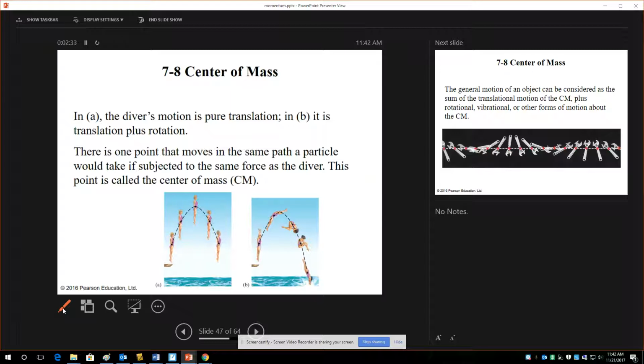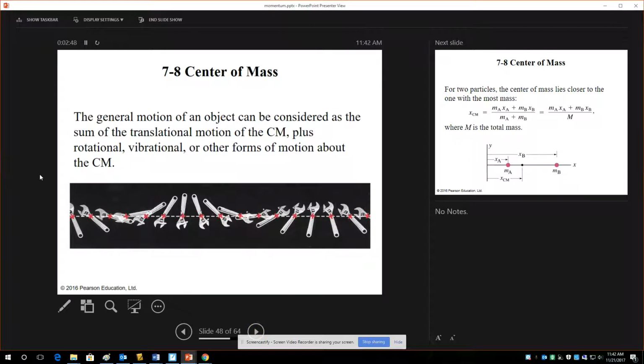So the average position of mass acts like the place where we could put a particle in exchange for that extended object and follow what we have been doing with the particle model. The general motion of an object can be considered as the sum of the translational motion of the center of mass plus rotational, vibrational, and other forms of motion about that center of mass.